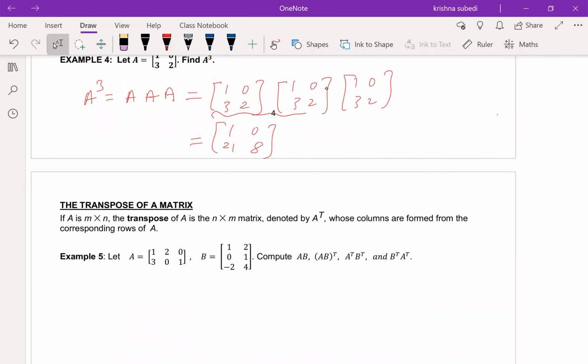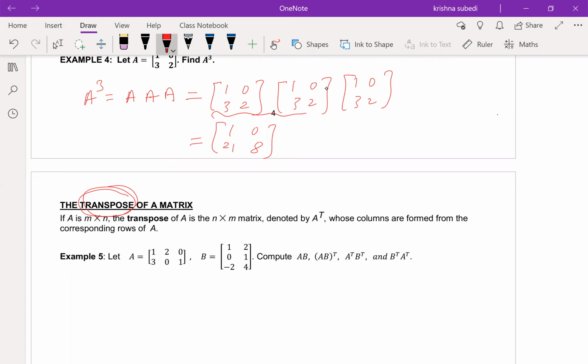So matrix multiplication is done. Now, in this section, another concept that we'll be discussing is transpose. Here is the example. What is transpose? The definition is if A is m by n, the transpose of A is the n by m matrix, meaning you switch columns into rows and rows into columns.